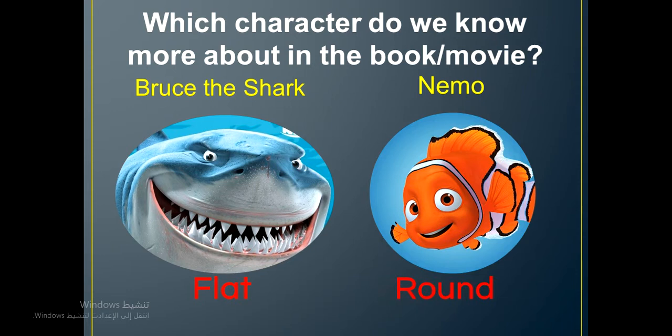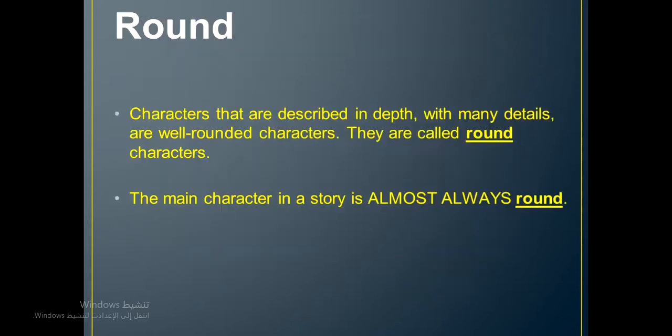Well, you may answer that you know more about Nemo and less about the shark. So we can say that Nemo is a round character and the shark is a flat character.